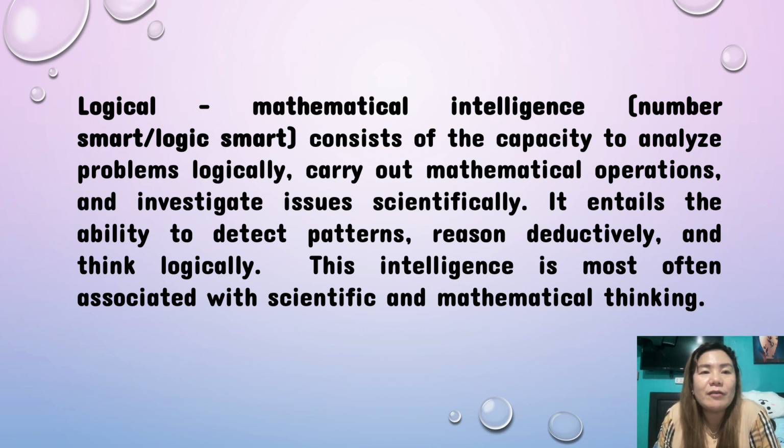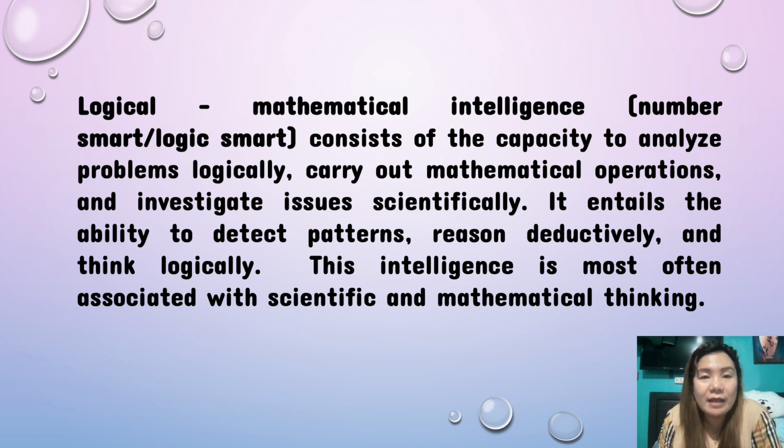It consists of the capacity to analyze problems logically, carry out mathematical operations, and investigate issues scientifically. Okay, ito na. The mathematicians fall here. The statisticians, no? Okay, the scientists, they fall here. Because they analyze problems and issues logically, they know how to use mathematical operations, and then, of course, scientifically investigate issues, okay?